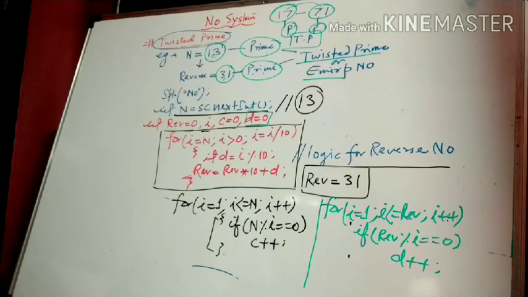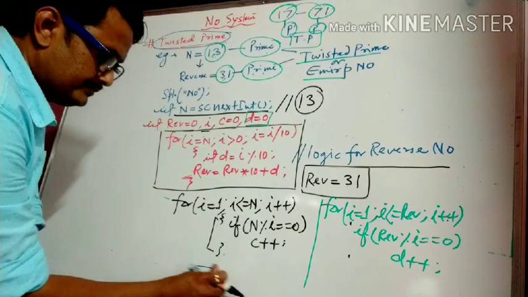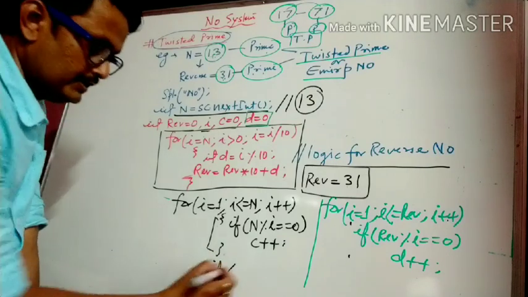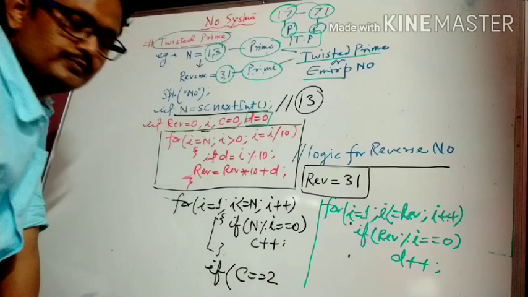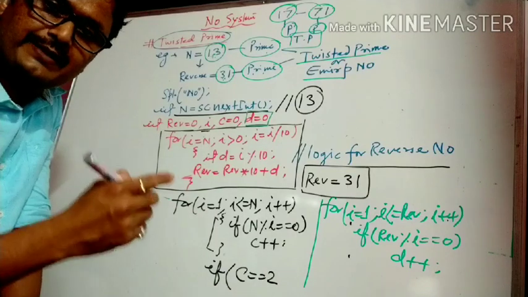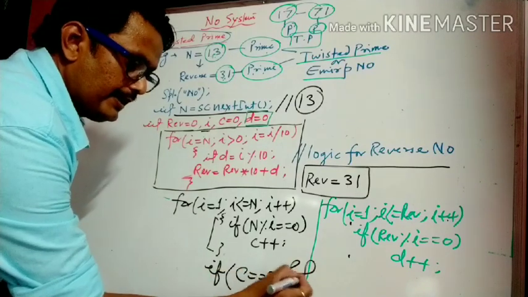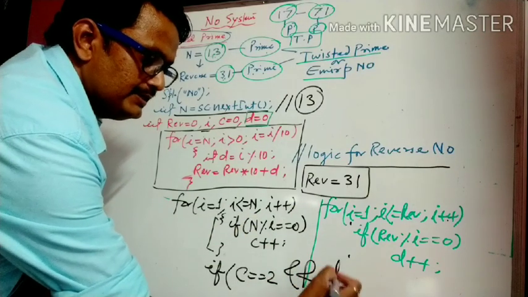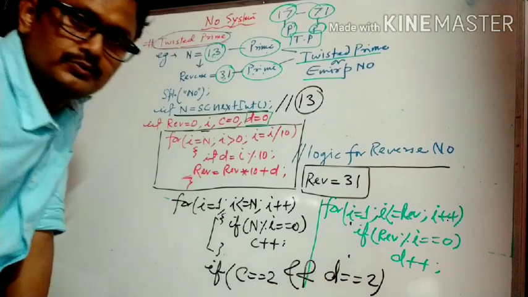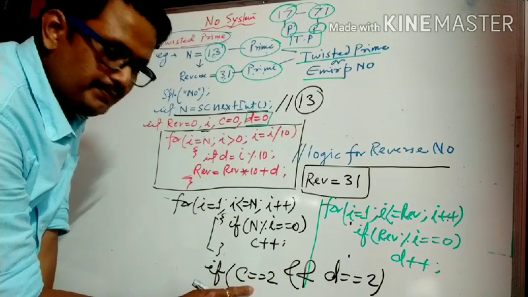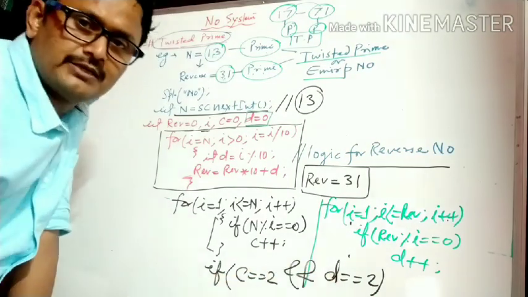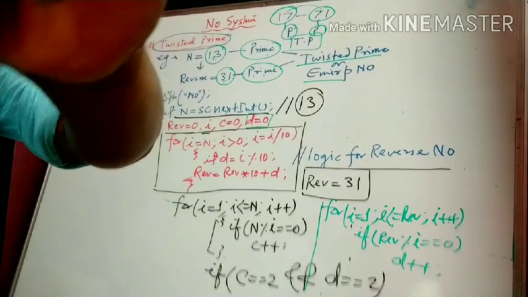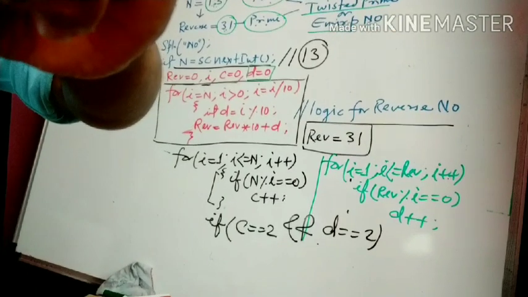After that, now give a condition. What is the condition? If c is equal to 2, that means the original number is a prime number, and the reverse of the number is prime, meaning d is equal to 2. So if the original number is prime and the reverse of the number is prime, that means the number is a twisted prime.